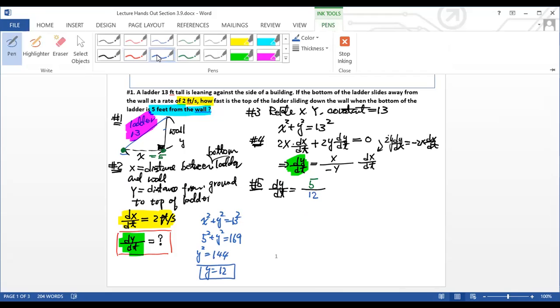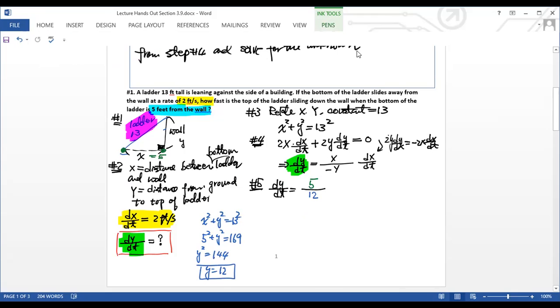And don't forget, you have a negative sign here. Then dx/dt, where is it? Oh, we defined it here, it's 2, so times 2. You will get negative 5 over 6 feet per second. What does that mean?